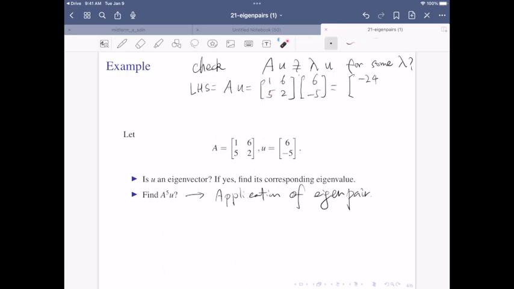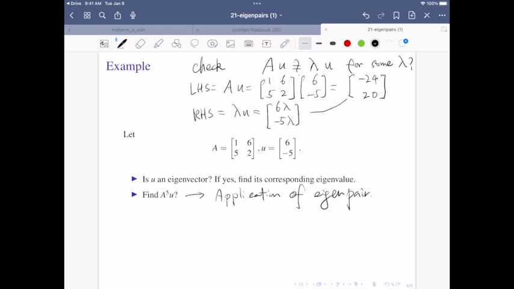And these two multiply: 30 minus 10. Compared to the right hand side, which is lambda u, that means lambda is multiplied to each component of u.